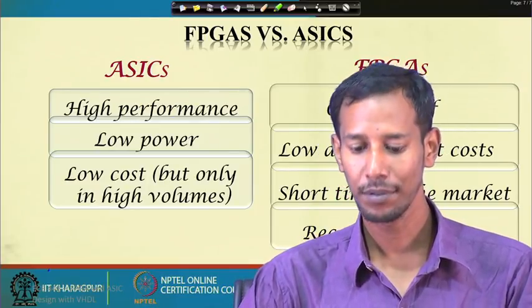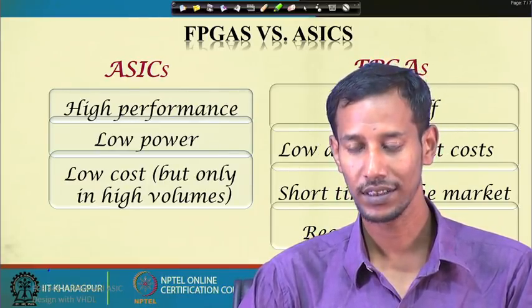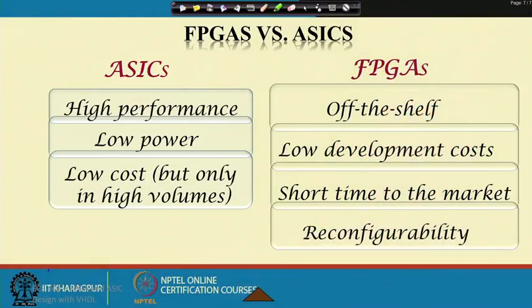And FPGAs are off the shelf, that means already pre-built. So, you can just buy it from the market and use it for your particular system design, and it comes with low development cost. The primary objective of an FPGA or programmable device is that you can achieve reconfigurability.